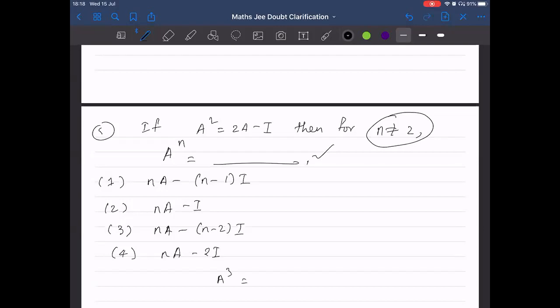So how can you write A cube? A into A square, and the A square value is already provided in the question. Substitute there.